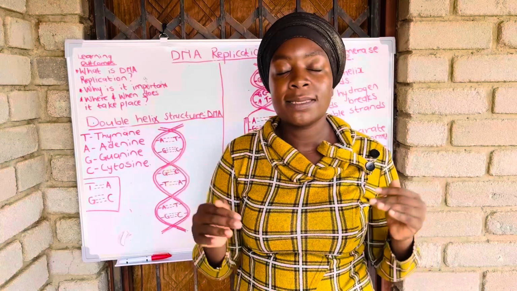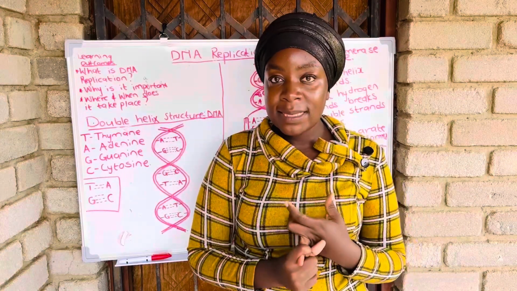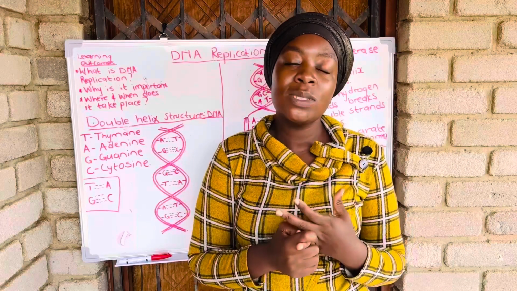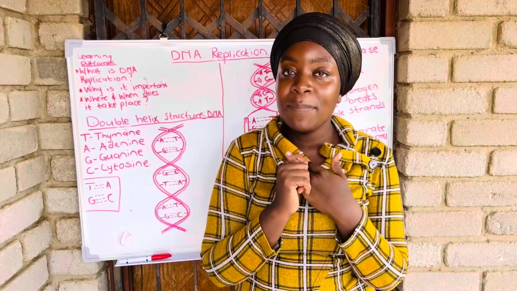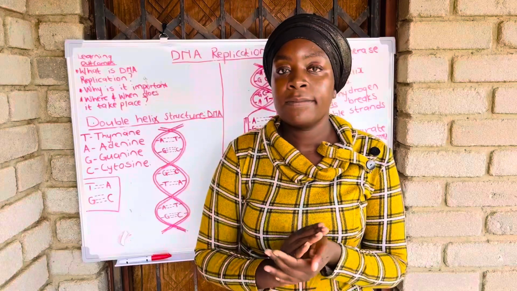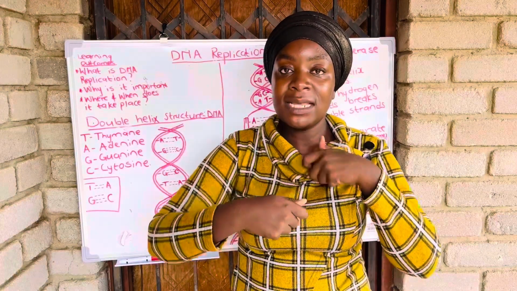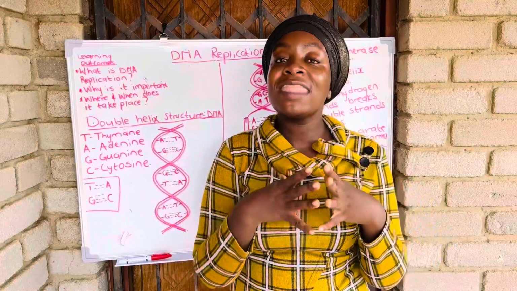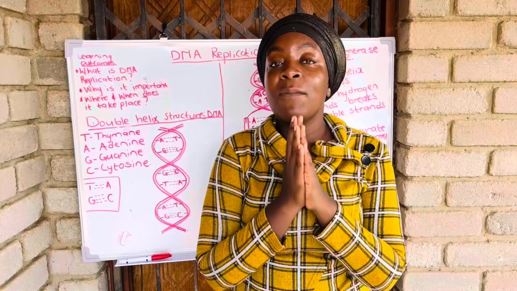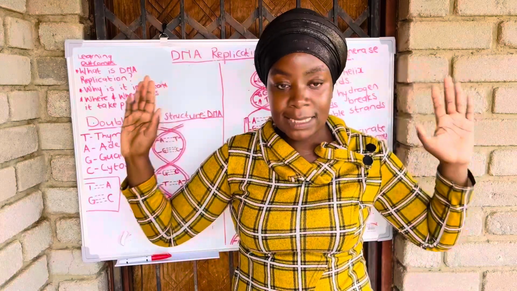I hope it makes sense. And then the second step is the weak hydrogen bonds which are holding the complementary bases, they need to break. When they break, the two strands, they unzip. Imagine a zip, they unzip.